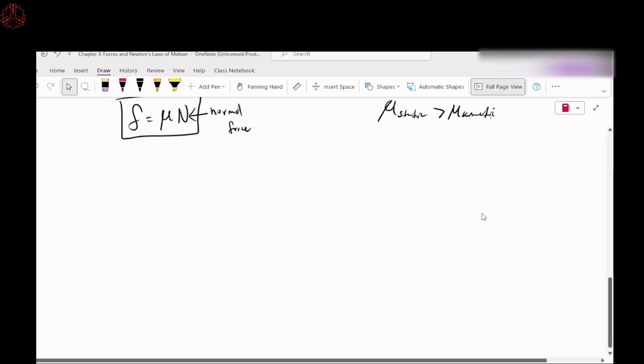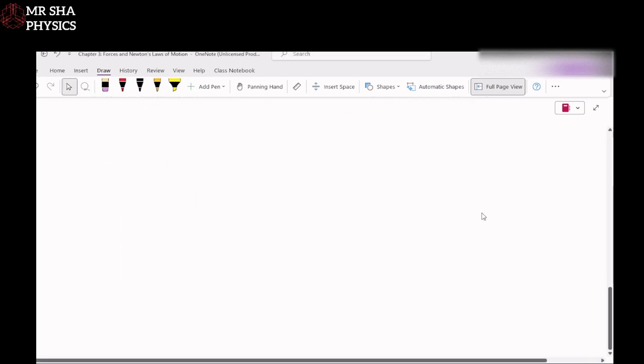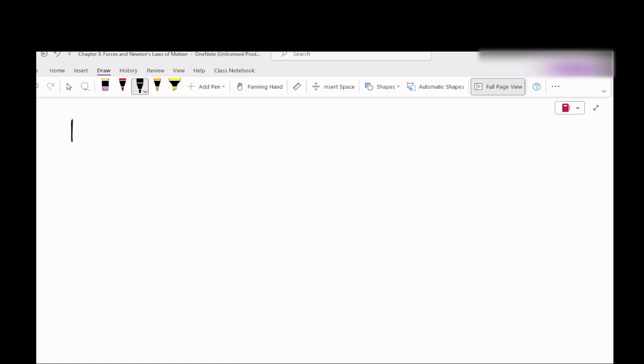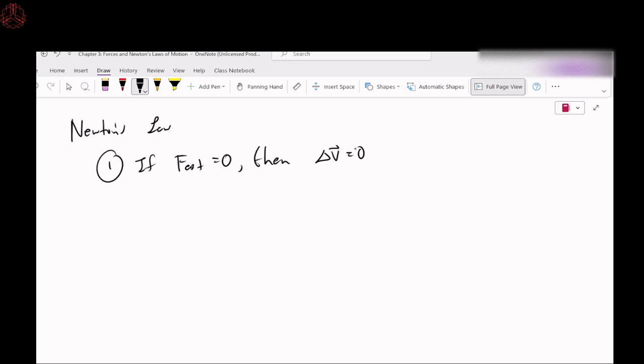Good. So now, last but not least, I want to have a quick mention of Newton's laws. The first one being, of course, if there are no external forces, then there is no change in velocity.